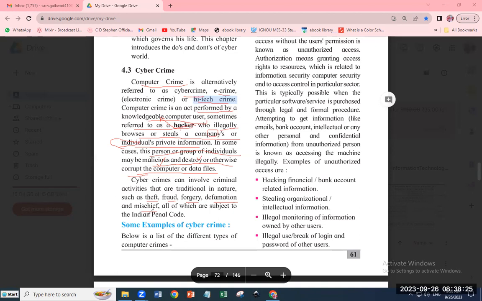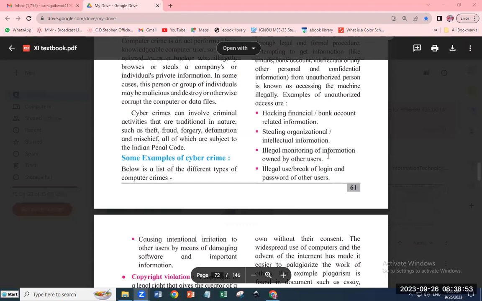And mischief: some people, just for mischief, can hack the computer, give different messages, or misuse photos. This also can come under cybercrime. All of which are subject to the Indian Penal Code, with the punishment given in the IT Act. These can take place as examples of cybercrime.